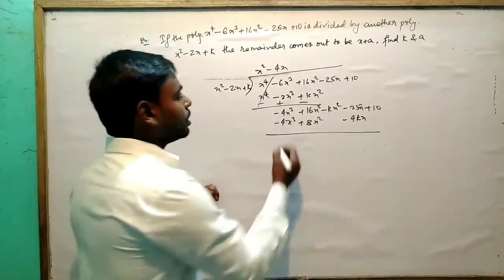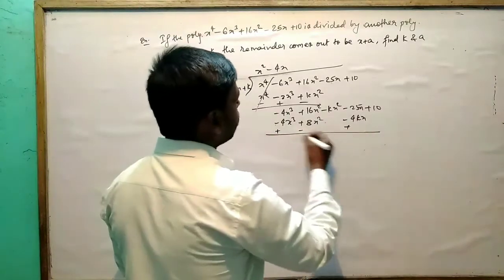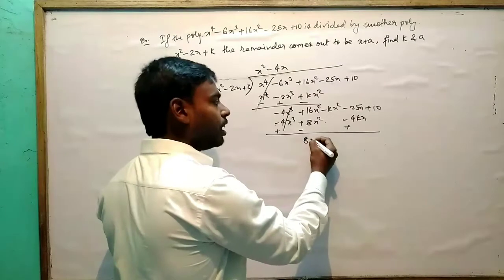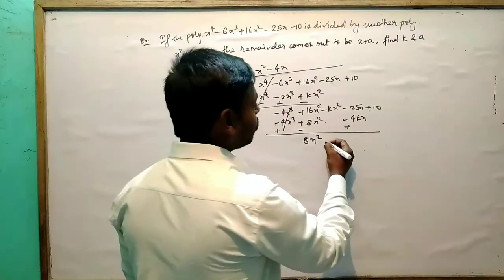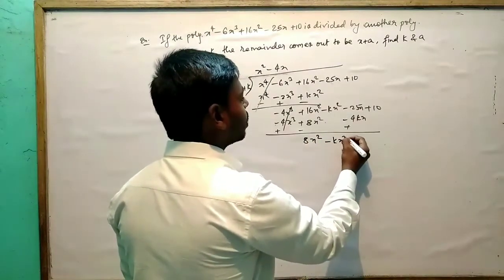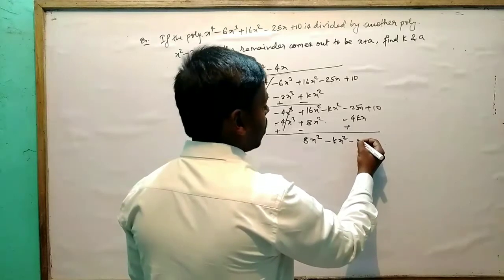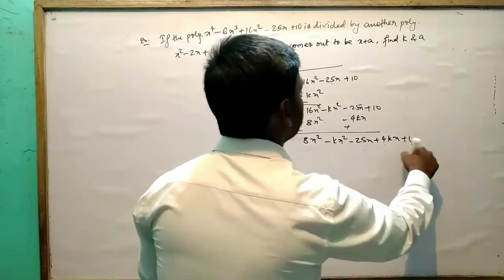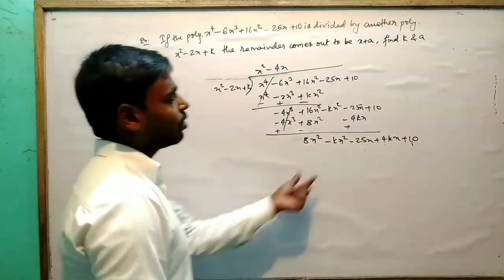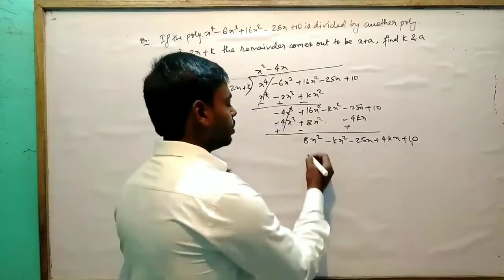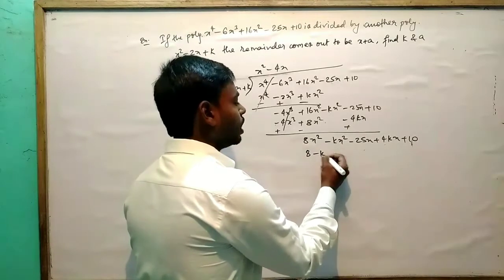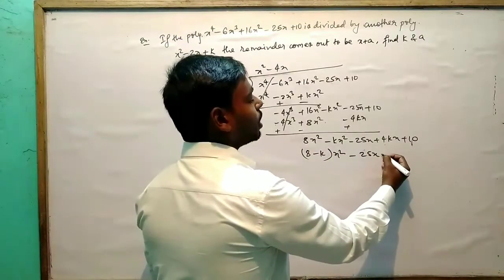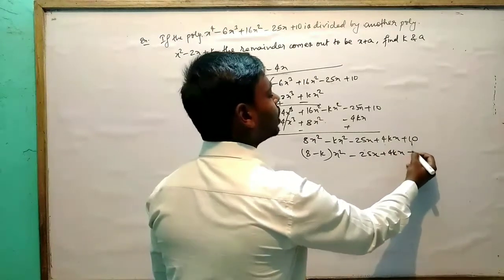Now we change the sign, that cancels, and here it is 8x square minus kx square minus 25x plus 4kx plus 10. Now we take x square common, and we get (8 minus k)x square minus 25x plus 4kx plus 10.